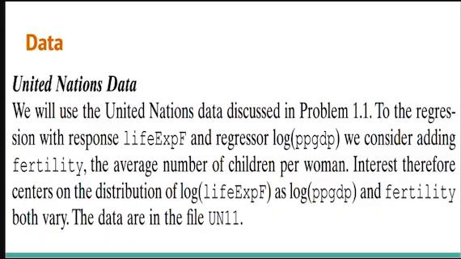I also added another material that contains data in R. The UN11 is one of the data sets you can have access to. In the data structure, we have life expectancy, the logarithm of per capita GDP, and another variable called fertility.